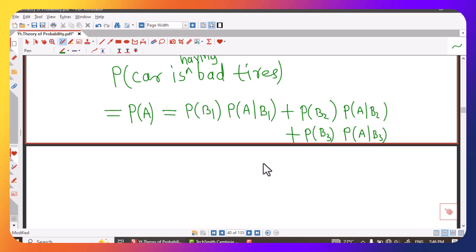And what we have applied is the rule of total probability.